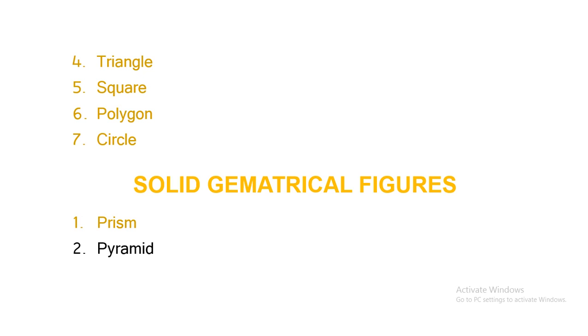Different types of pyramids are also named after the shape formed on the base. For example, if the base is a triangle, it is a triangular pyramid; if the shape is rectangular, it is called a rectangular pyramid.